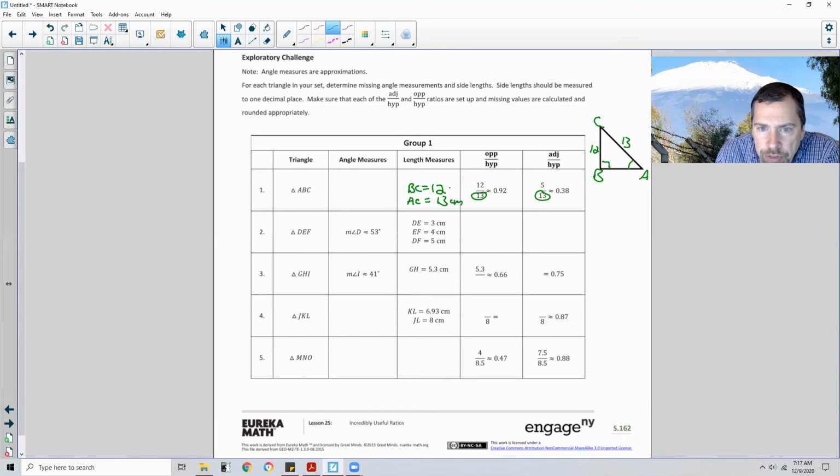So I guess I'll use the same unit of measurement in the rest of the diagram. So that leaves us AB as being 5 because it's adjacent over hypotenuse, adjacent 5 over hypotenuse 13. So that gives us the side length AB equal to 5 cm. All right, so now we have to talk about angle measures.